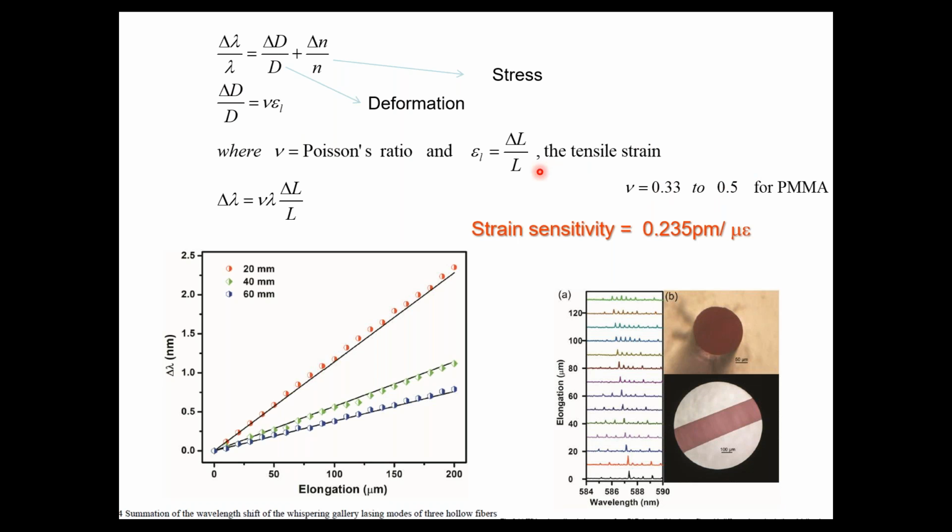Plugging in the values for these, you can calculate the delta lambda, that is the shift in the lambdas possible by this experiment. That is, the strain sensitivity is calculated to be around 2.35 picometer per microstrain. So this is the cross section of the fiber that is used here, and this is the side view of the fiber, and this is how the shift in the peaks is monitored continuously.